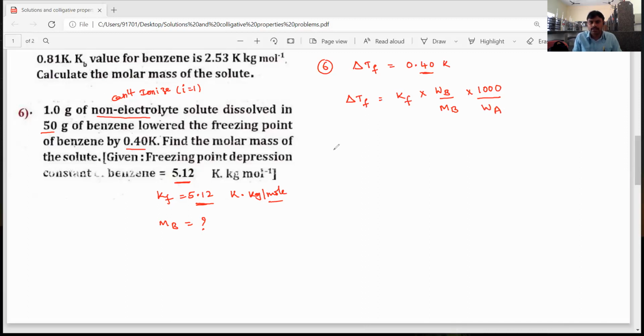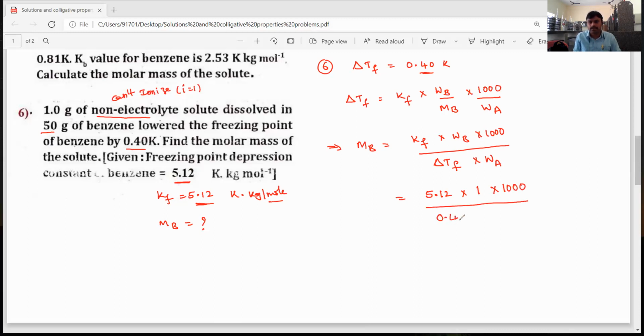Now MB is equal to Kf into WB into 1000 divided by delta TF into WA. Kf value is 5.12, into weight of the non-volatile, non-electrolyte solute, which is 1, divided into 1000 divided by delta TF, which is 0.40, into weight of solvent, benzene, which they gave as 50 grams.